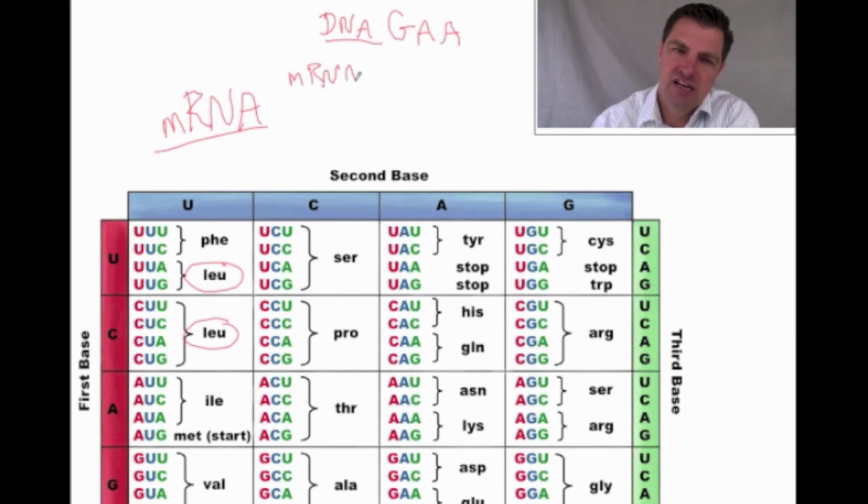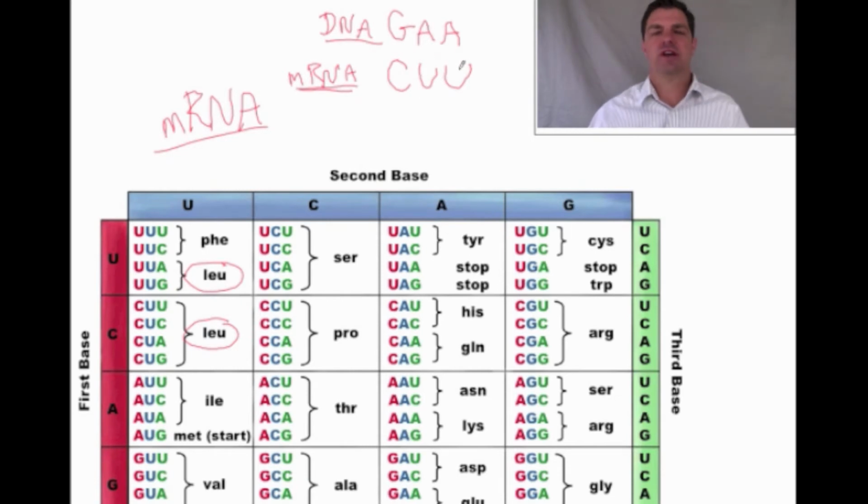And when I read that with my RNA polymerase, if my DNA is GAA, my mRNA is going to be CUU. Because remember, there's no thymine in RNA. So instead of having a T here, the base pair with the A would be a U. So I'd have my U binding with my A just like that, my G with my C. So my mRNA would be CUU.